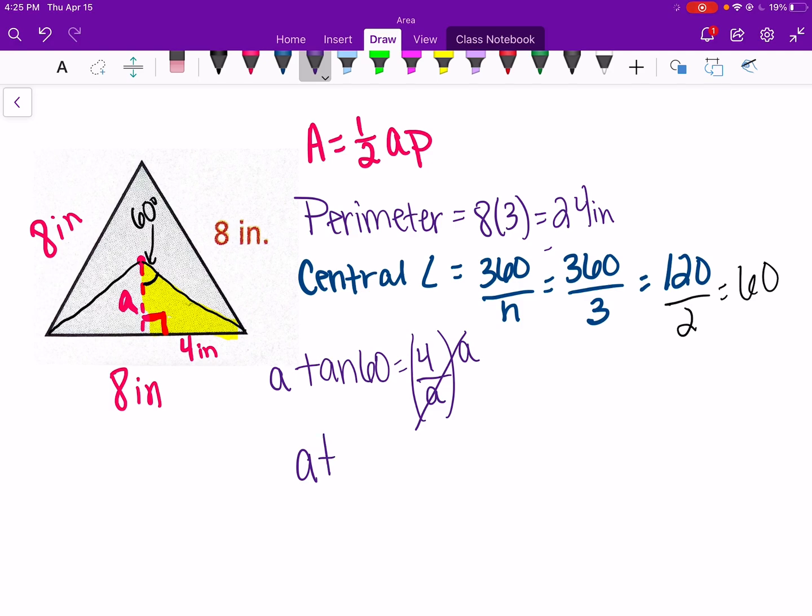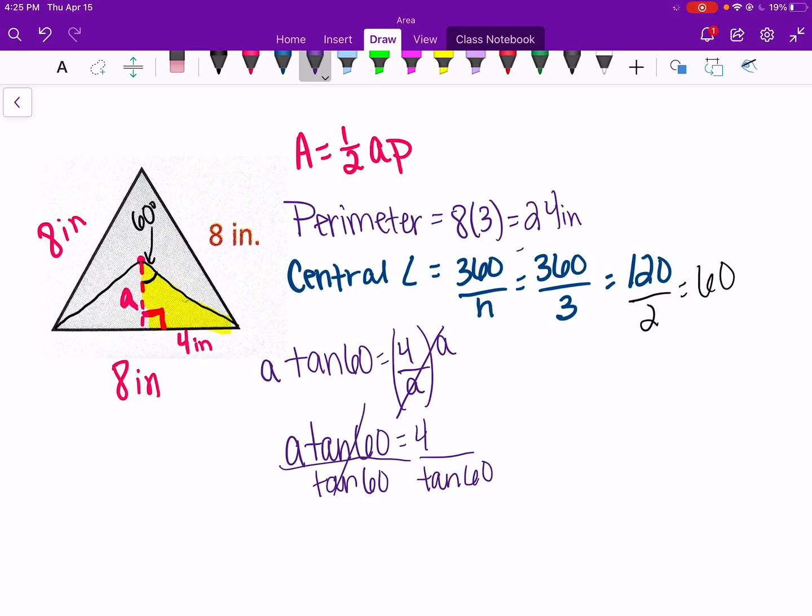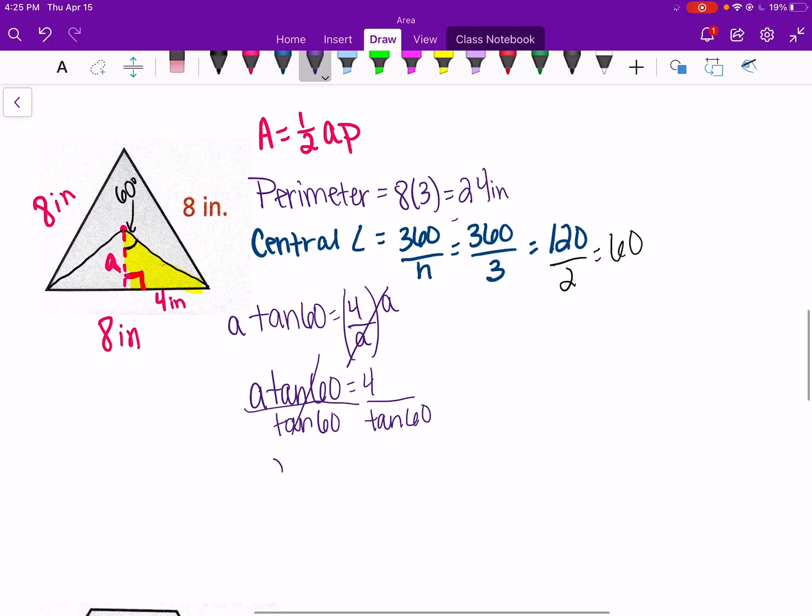So A times the tangent of 60 degrees equals 4. And then we will divide by tangent of 60 degrees on both sides. So A is equal to 4 divided by tangent of 60 degrees.